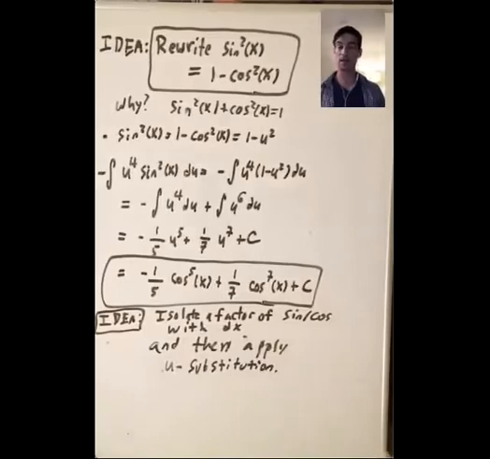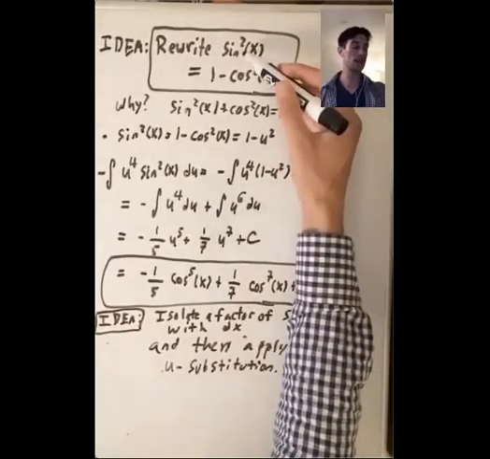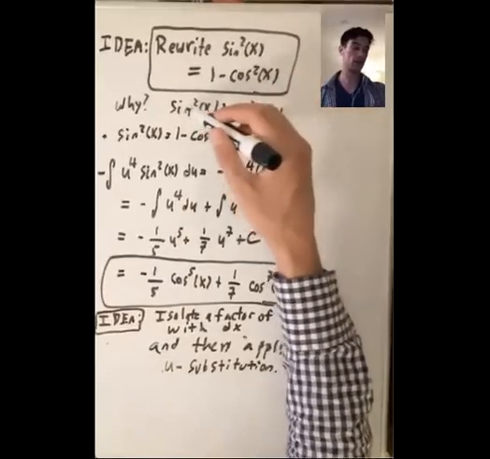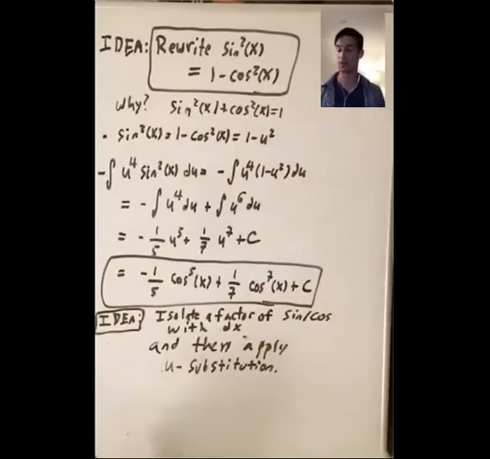In the first case, we could apply u substitution right away. In the second case, we had to first use this identity, sine squared equals 1 minus cosine squared, which comes from sine squared plus cosine squared equals 1, before we were able to rewrite our integral entirely in terms of u. So how does this idea generalize?